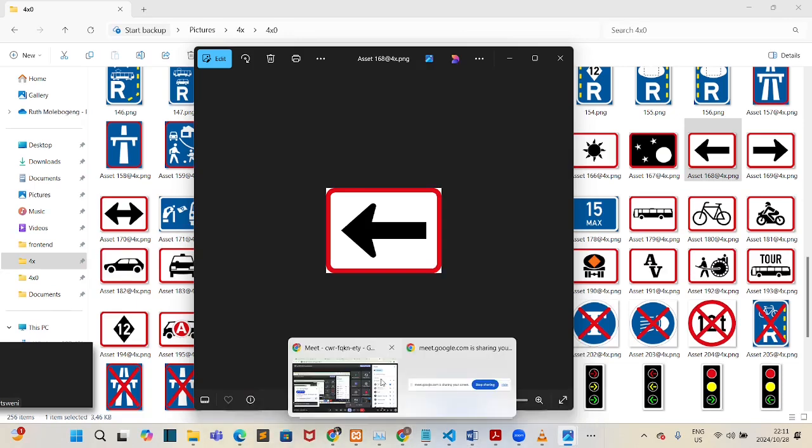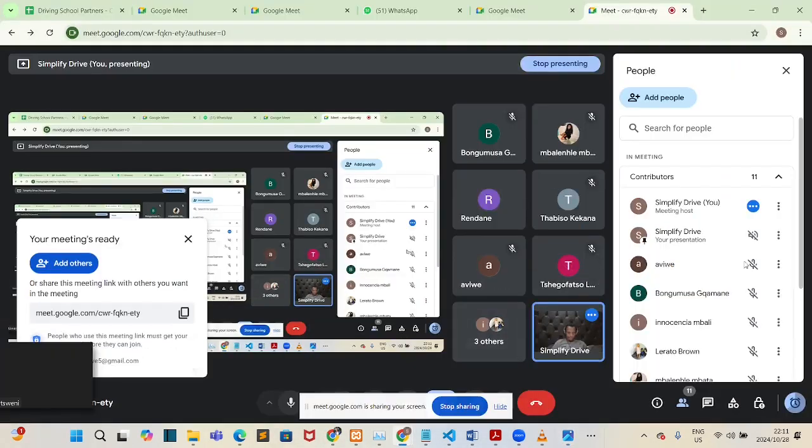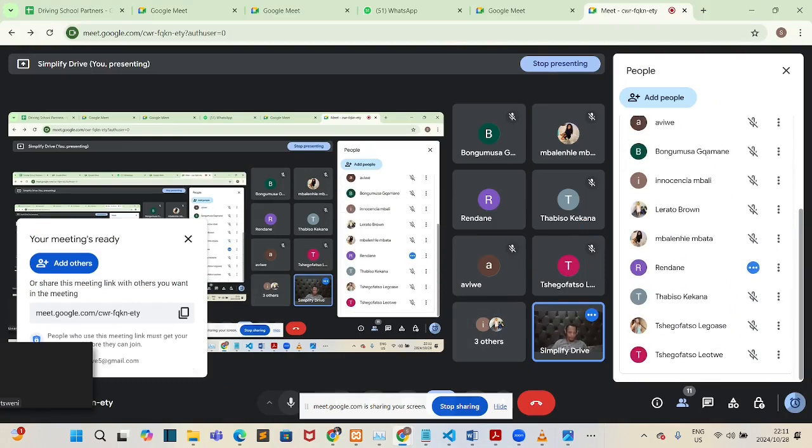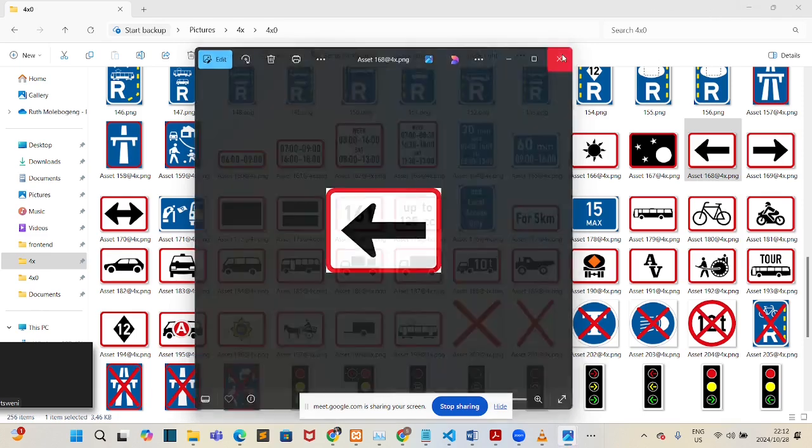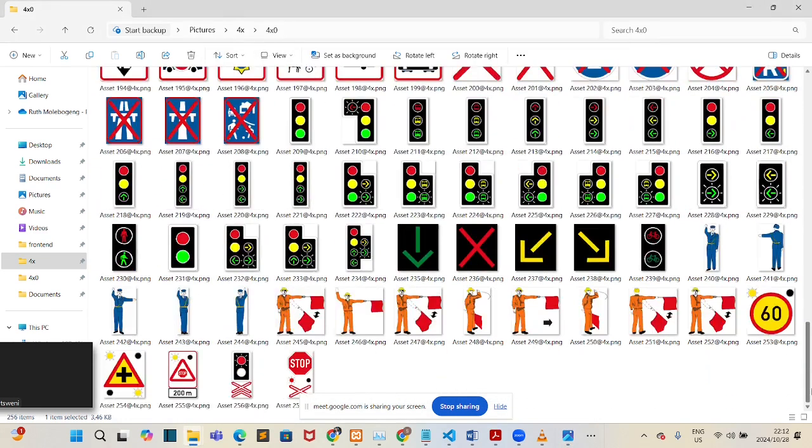Let's pick someone. Brown. Is the last option below a regulatory sign? Correct. Right. So this is a selective restriction sign. It supplements a regulatory sign.